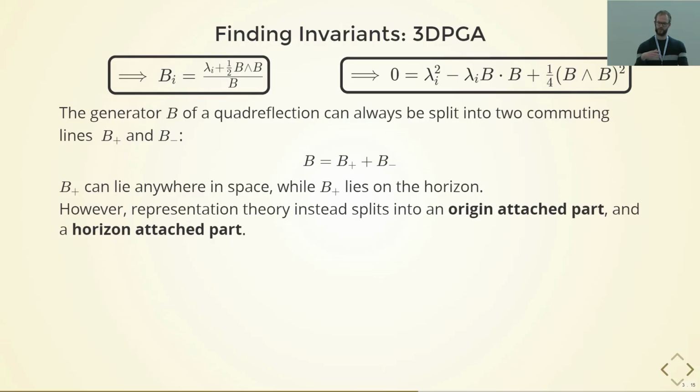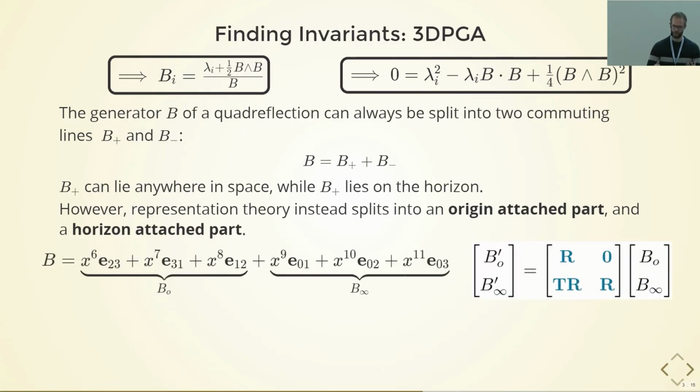But in representation theory, we don't split into a part that's anywhere in the space plus a part on the horizon. We split into a part that's attached to the origin and a part that is attached to the horizon, right? So we don't have any freedom here in the spatial part. And that is why, if we go back to the story of representation theory, we say, okay, I have my bivector, and I split it into the part that's attached to the origin and the part that's attached to infinity.